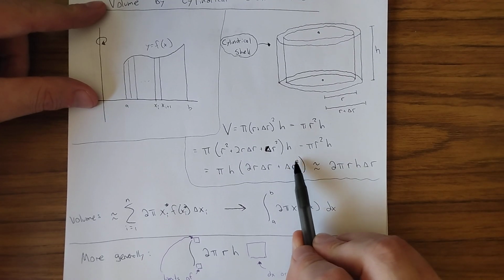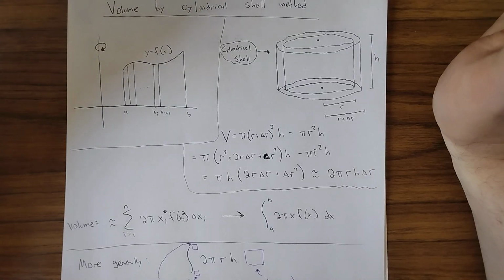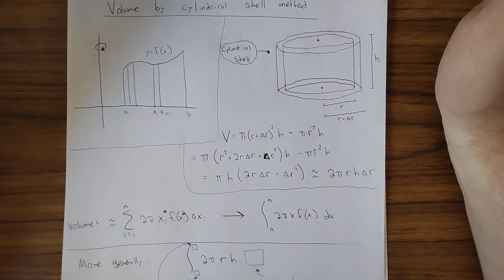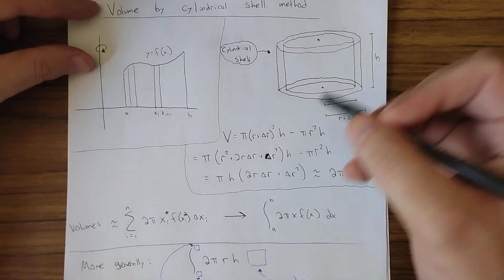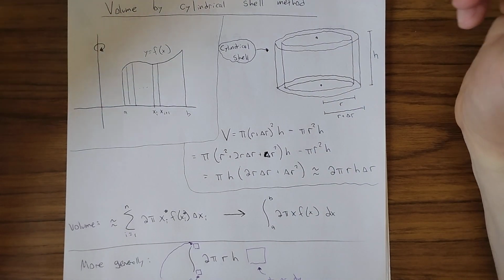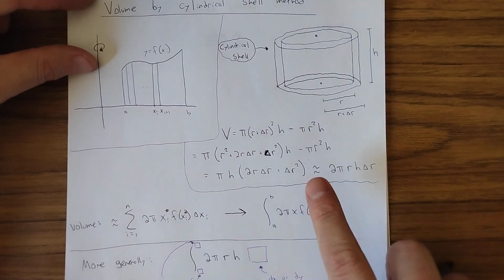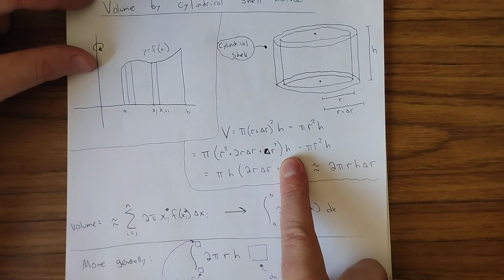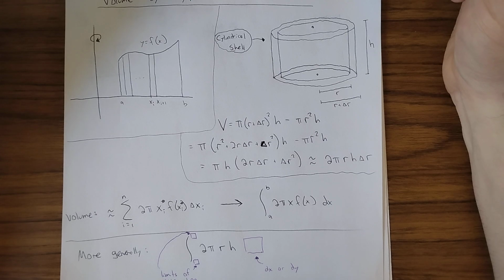If I take a tiny number and I square it, multiplying it by itself, it gets way smaller than the number itself. So delta r squared is much smaller than delta r. So I'm going to just go ahead and ignore this, and then that's approximately the same thing. So that's all I wrote here.